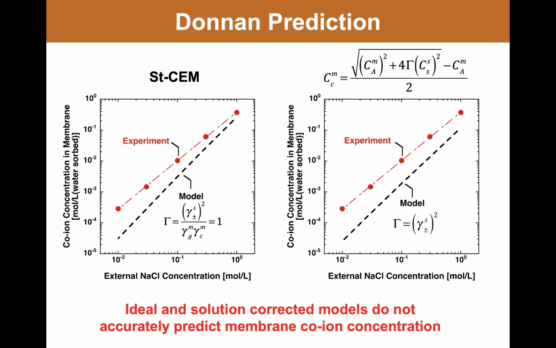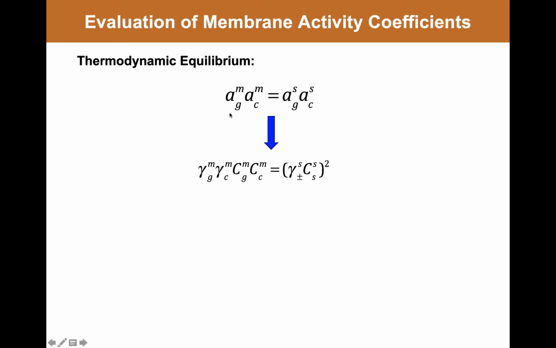Now we can take the expression for thermodynamic equilibrium, which I showed you a few slides ago, write the activities in terms of activity coefficients and concentrations, and we can reorganize that as shown here. And this has the product of the counterion and coion activity coefficient in the membrane. They always come together. We can't measure them independently.